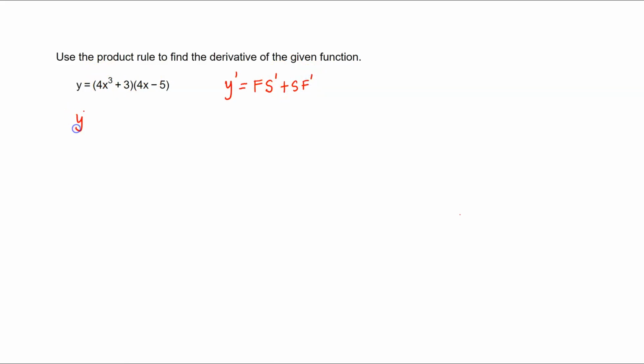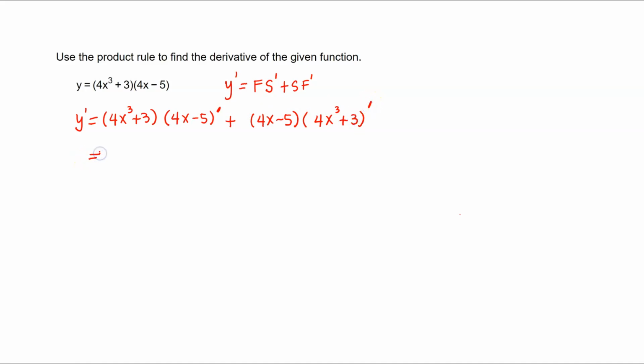So you have y prime equal to 4x cubed plus 3 times the derivative of the second expression, 4x minus 5 prime, plus, copy the second, 4x minus 5 times the derivative of the first, 4x cubed plus 3 prime.